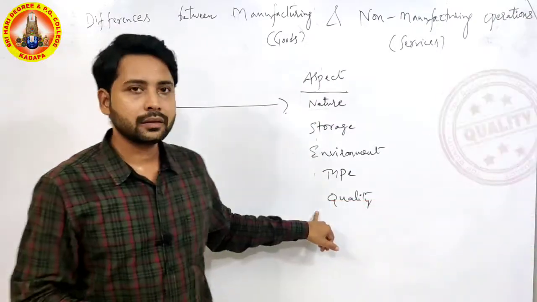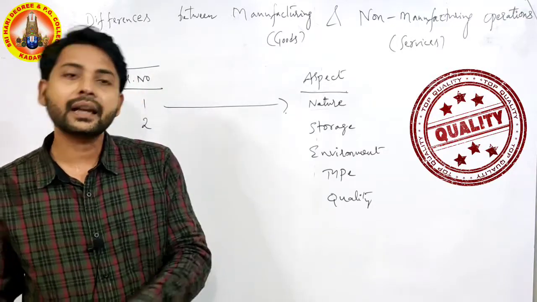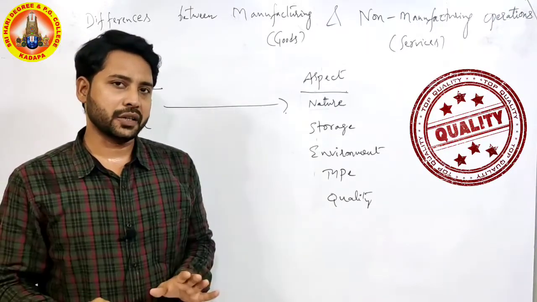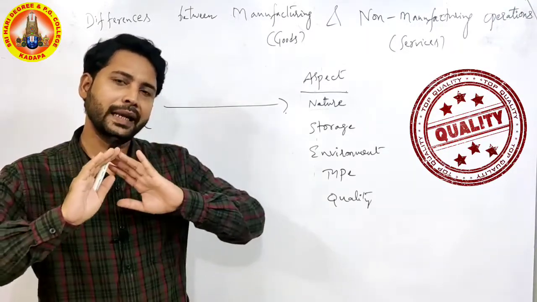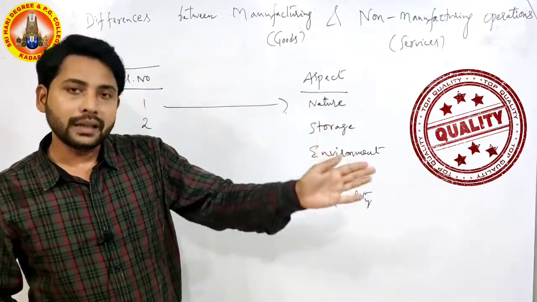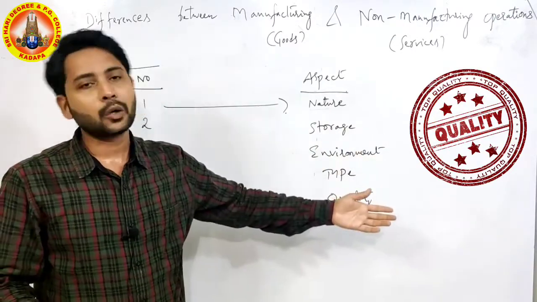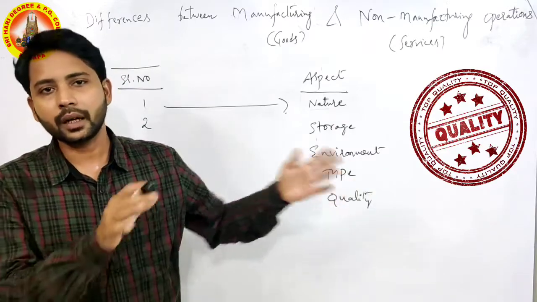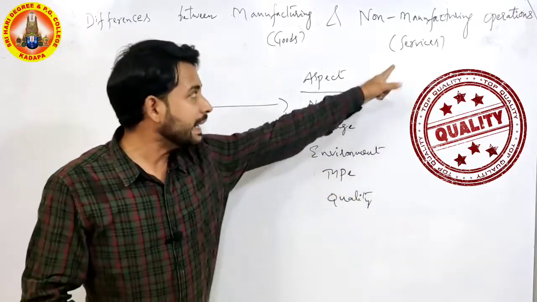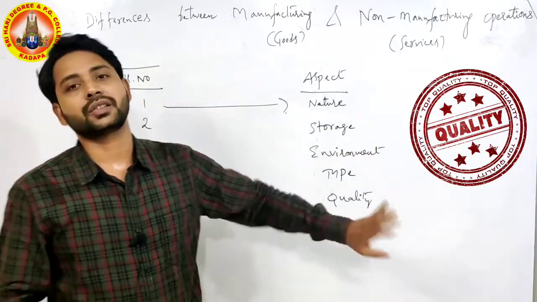Then the quality. In case of goods, quality is inherent in the product itself. For any manufacturer, goods are rated based on quality only, because in a competitive arena, quality always comes first. In case of services, quality is inherent in the process.